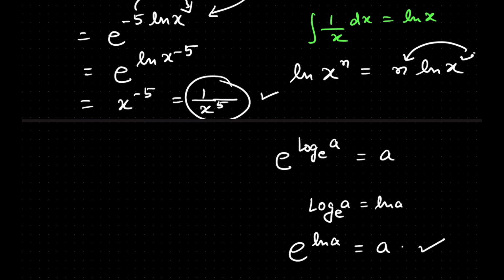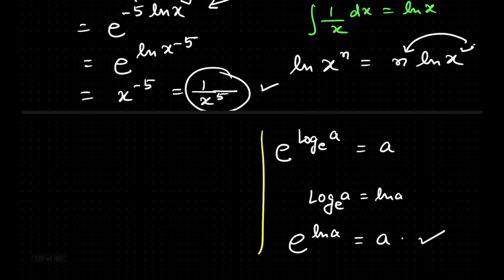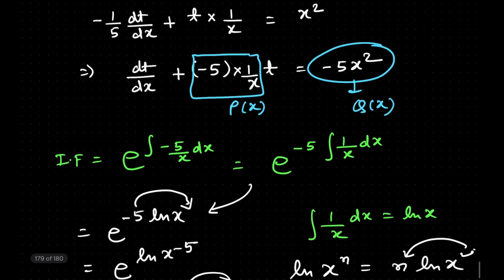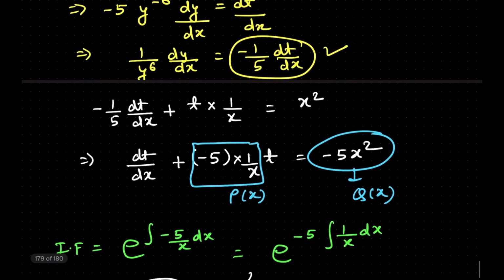Now we will find the final solution. Our final solution will be t, not y, because our equation is in terms of t.